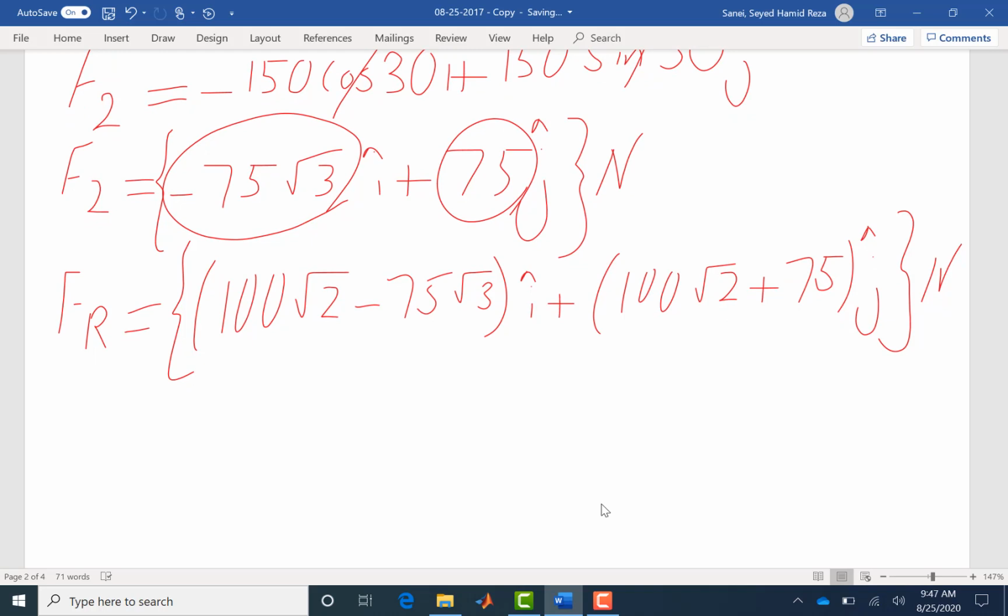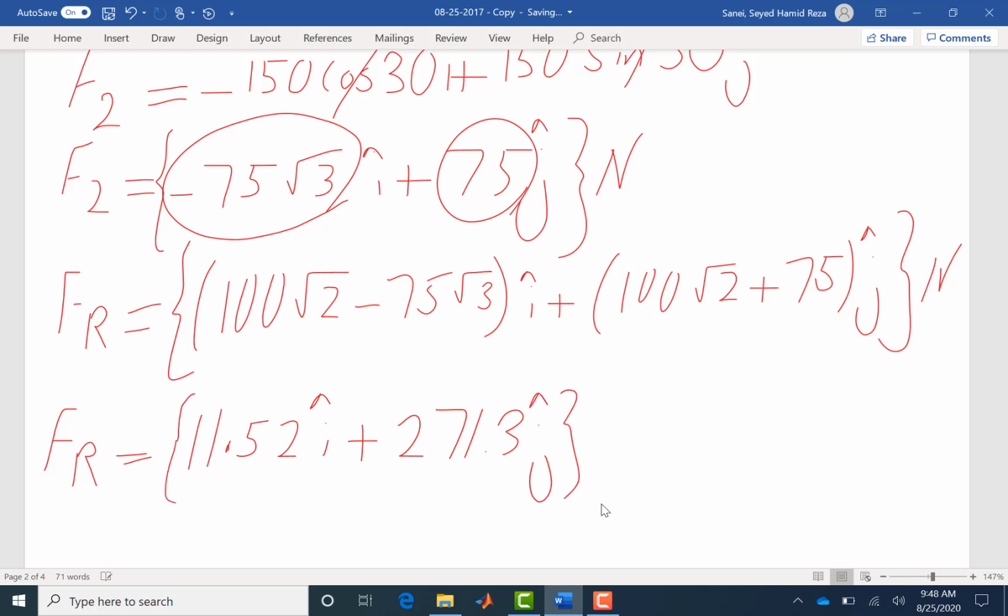Even if I forget it, that doesn't mean it's right. You have to include the unit. So the magnitude would be here 11.2 i, and here would be 271.3 j Newton.